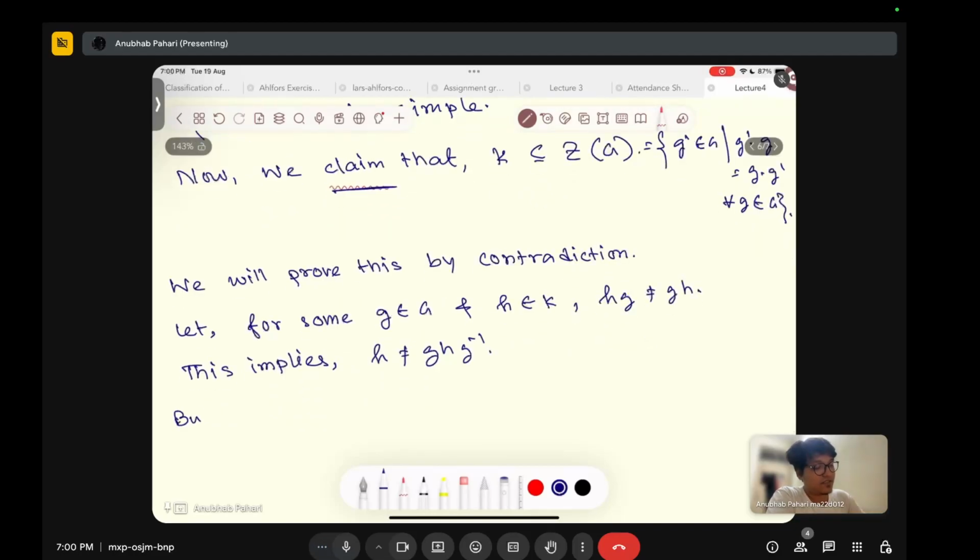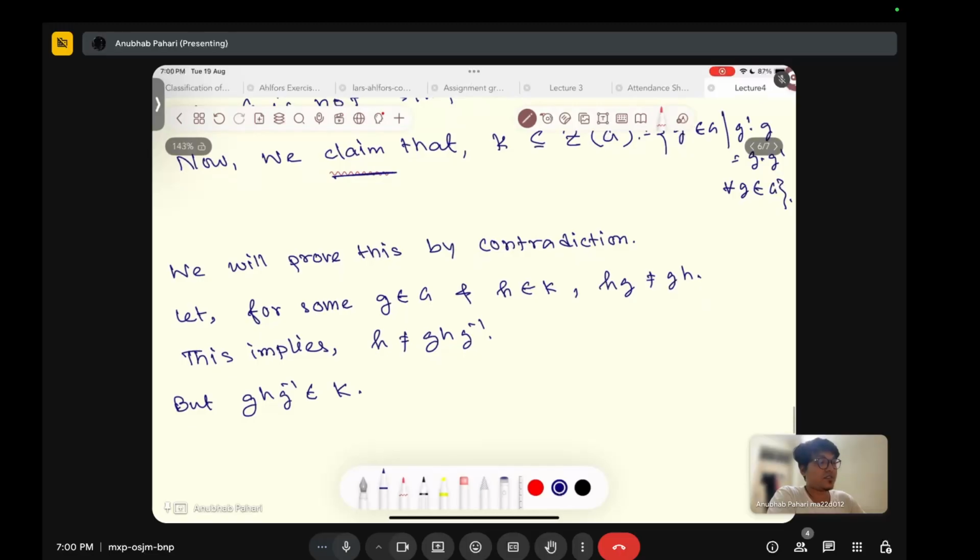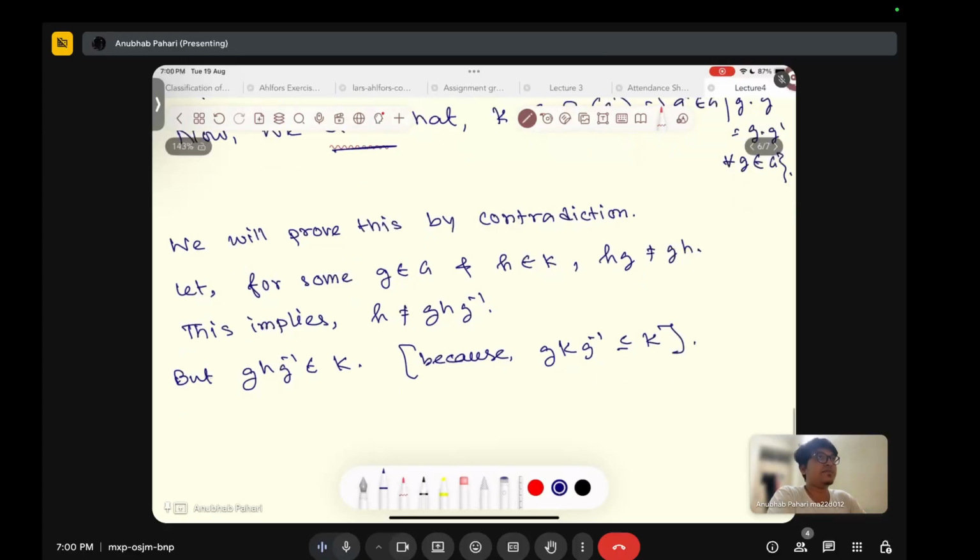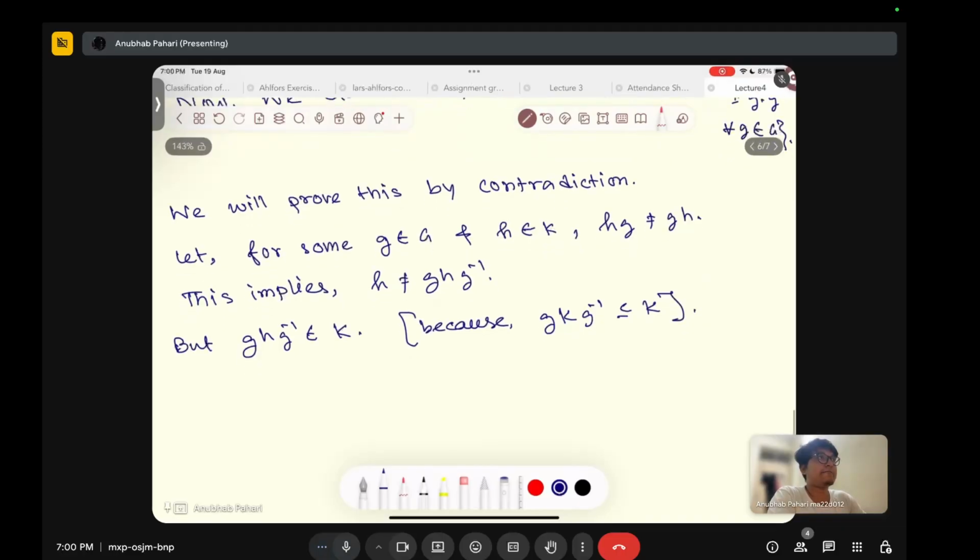But ghg inverse belongs to K because K is normal, that means gKg inverse is a subgroup of K. Now the order of K is 11, that is prime, so K is cyclic, right?